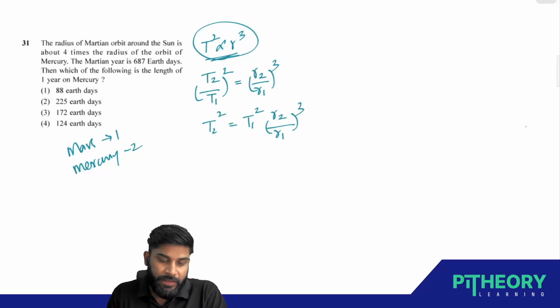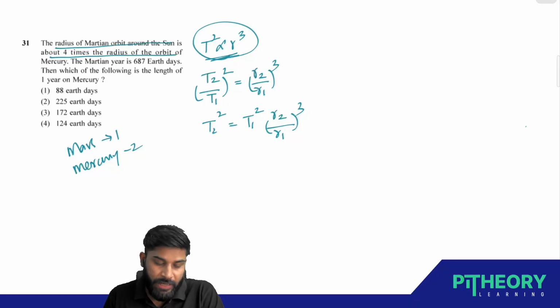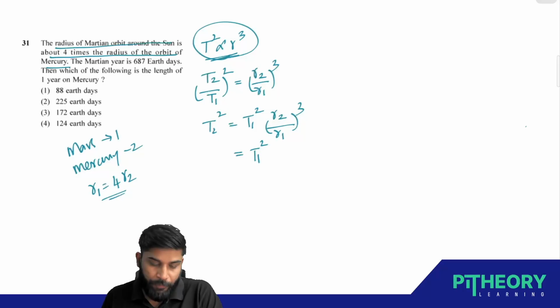It is given that the radius of the Martian orbit is 4 times that of the Mercury, correct? So R1, you can write it as 4R2. So this relation becomes T1 square into R2 by 4R2, whole cube.